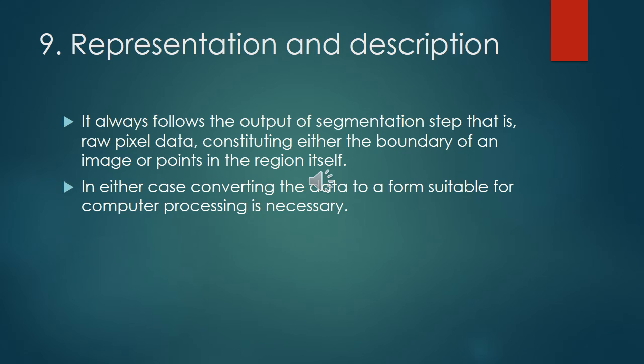After an image has been segmented into object and background regions, one intends to represent and describe them in characteristic features for computer processing during pattern recognition, or in quantity codes for efficient storage during image compression. In either case, converting the data to a form suitable for computer processing is necessary.